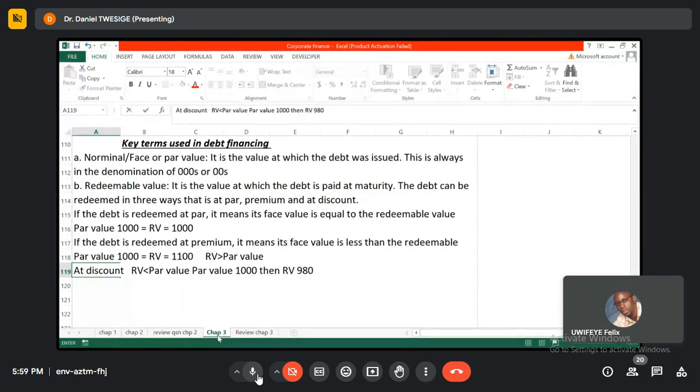So another term that I want us to talk about is number C, the conversion value. It is the value at which the debt is converted at maturity.